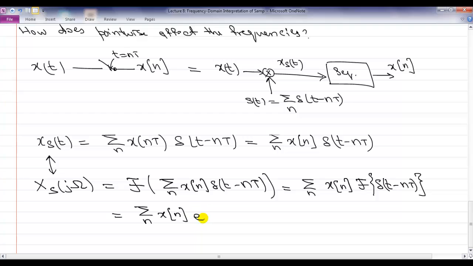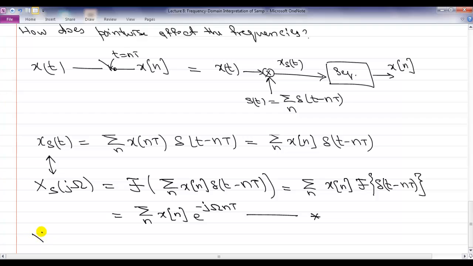It's simply an exponential, e to the minus jΩnT. So this is an equation which we will call star.